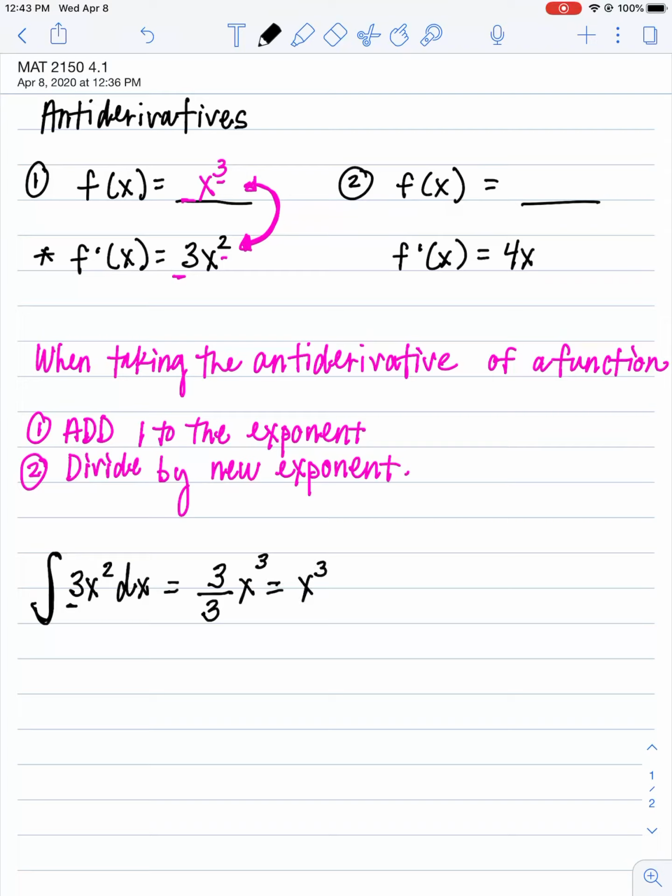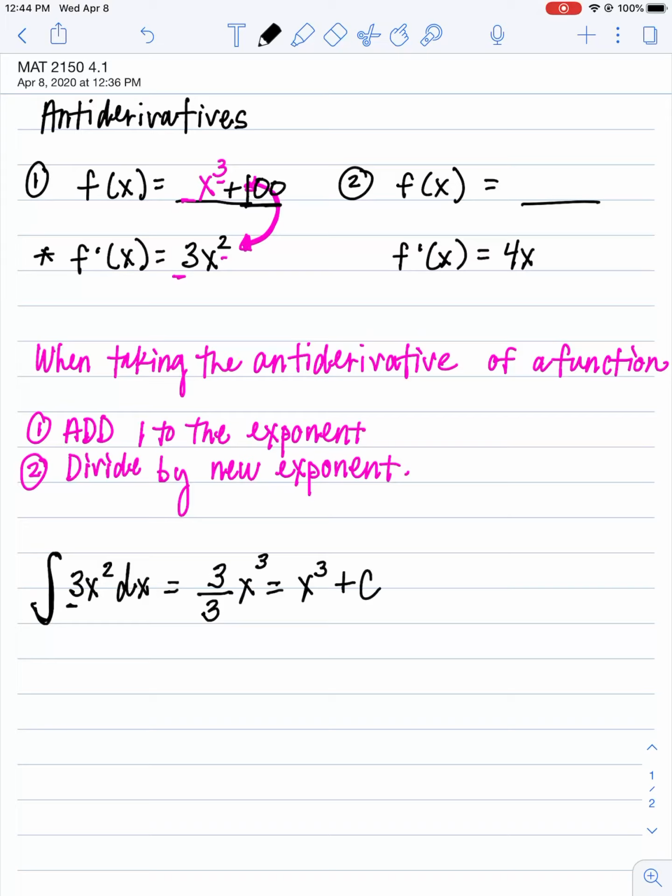The derivative of 10 is 0. The derivative of 100 is 0. The derivative of any constant is 0. And because we don't know what the constant is, every time we take an antiderivative, we have to put plus c. Side note, you have no idea how many points I lost as a calculus student in college because I forgot to put my plus c when taking the antiderivative.